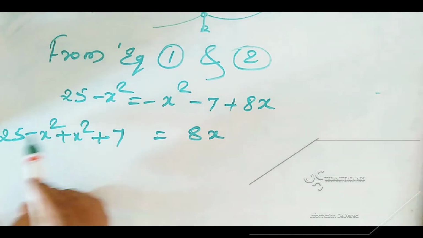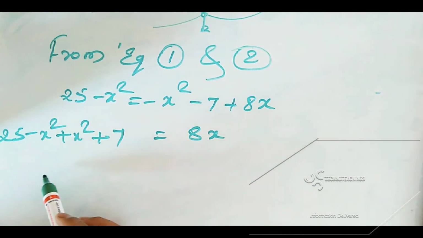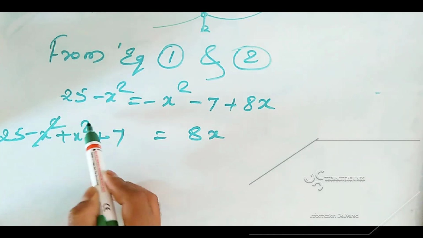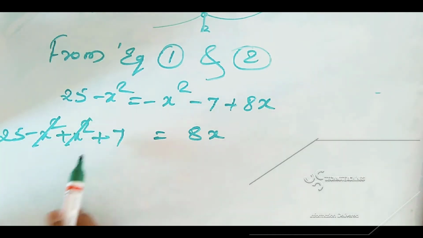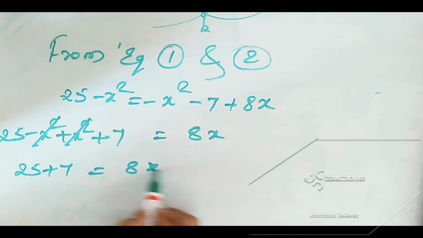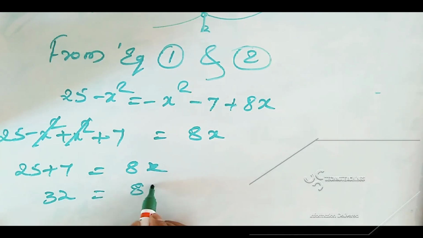As per algebra basics, plus x square and minus x square cancel, and 25 plus 7, which is 32, equals 8x.